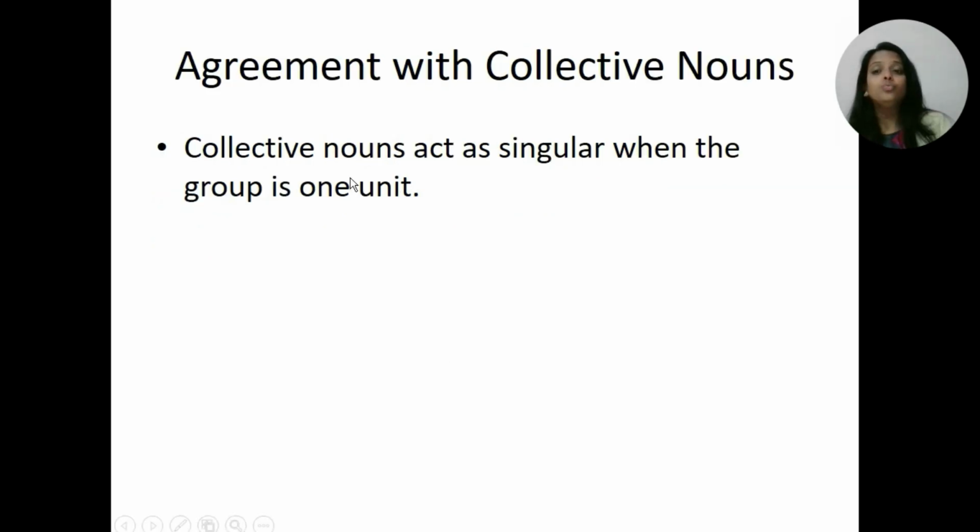And agreement with collective nouns. Collective nouns refer to a group but are grammatically singular. You know about collective nouns, right? Here are some examples: team, family, committee, class, audience. All these are collective nouns. They refer to a group, but when we are talking about singular and plural, they are grammatically singular.